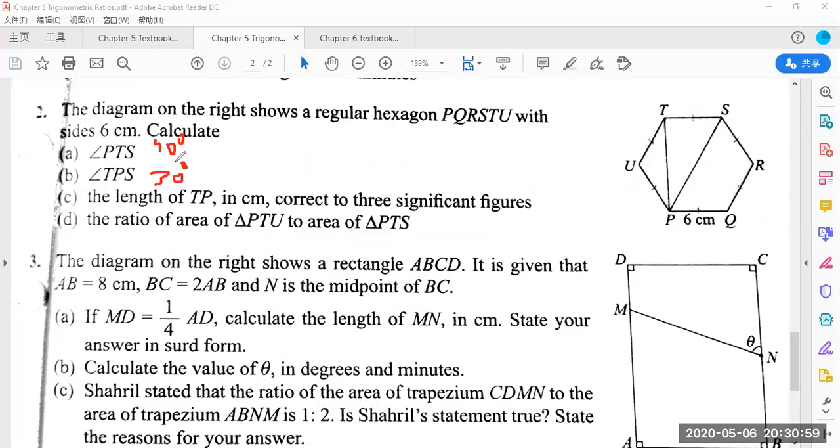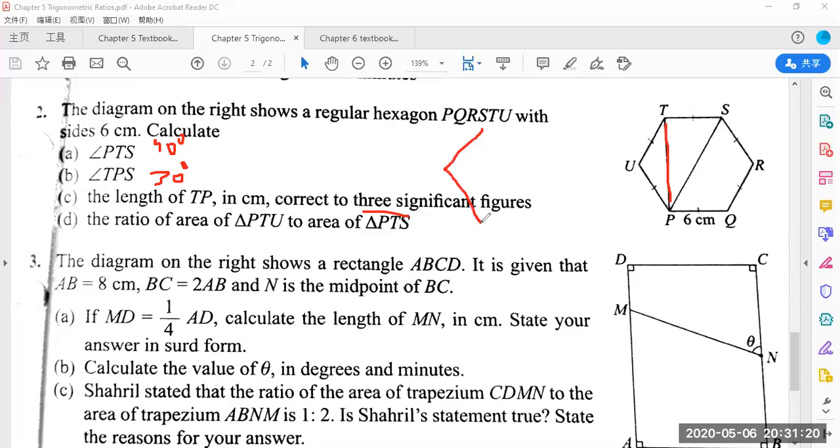So we put here. Then we need to find the length for TP, right? Find this one, TP, to three significant figures. So how do you find it?